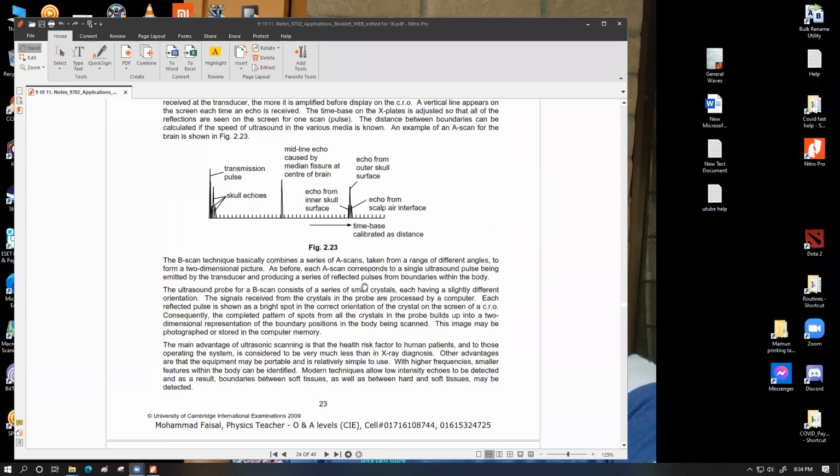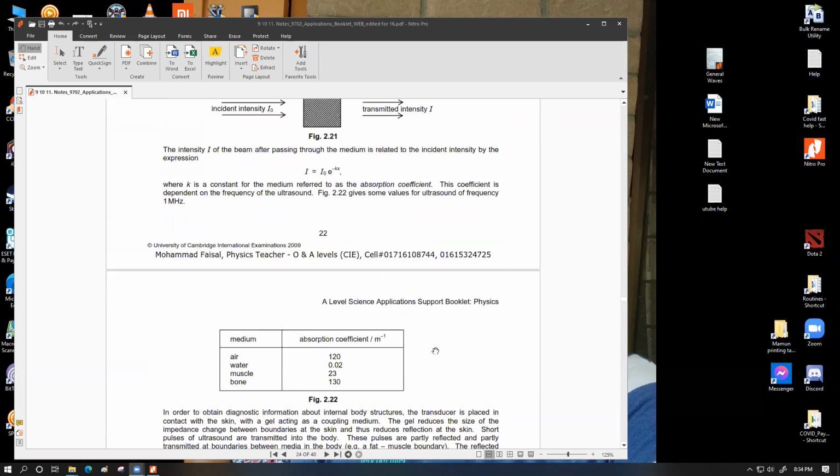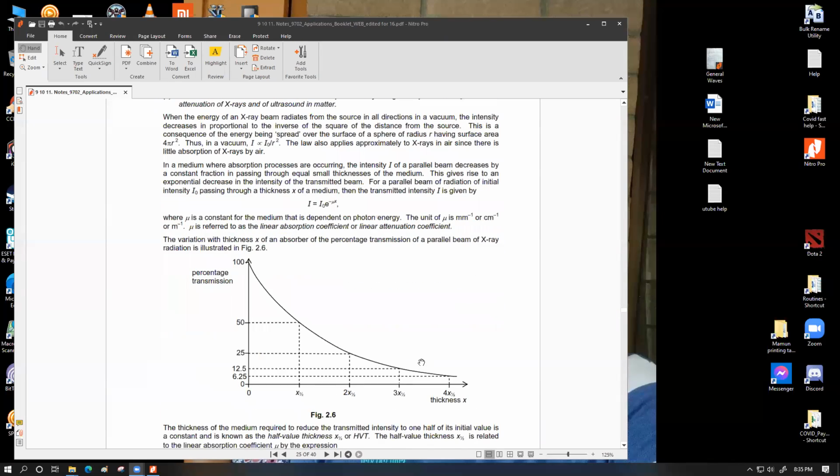So have a look: for ultrasound they call it the absorption coefficient. For X-ray they call it the attenuation coefficient or absorption coefficient, linear absorption coefficient or linear attenuation coefficient. So you practically can use any of these terms.